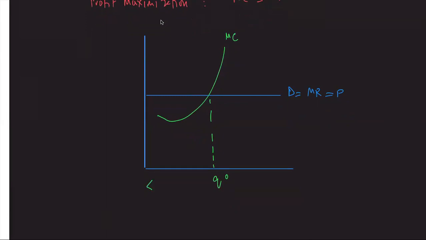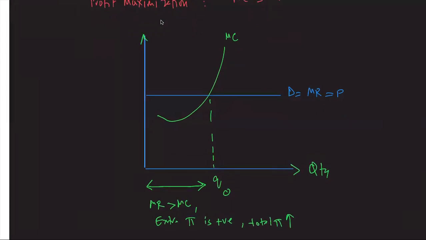So we can say this, that before Q naught, MR is greater than MC, which would mean the extra profit is positive, and that's why your total profit is going up. So this is my quantity and price.